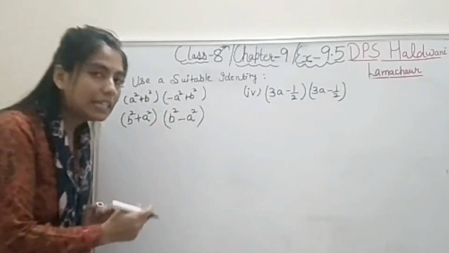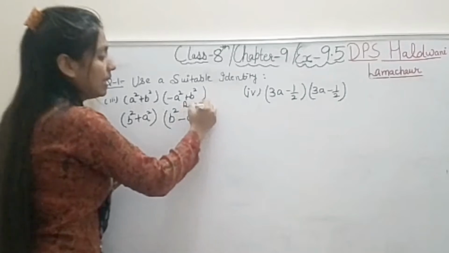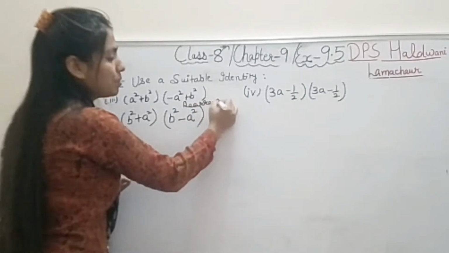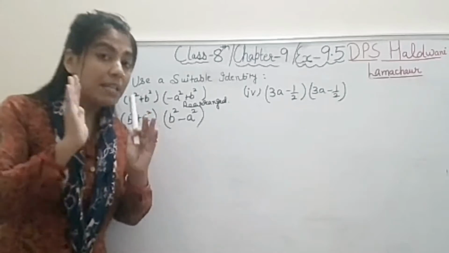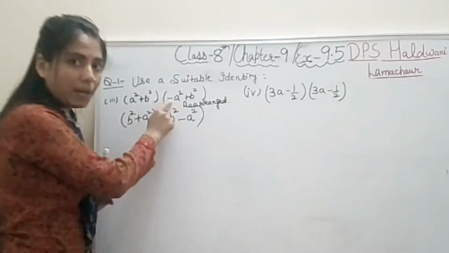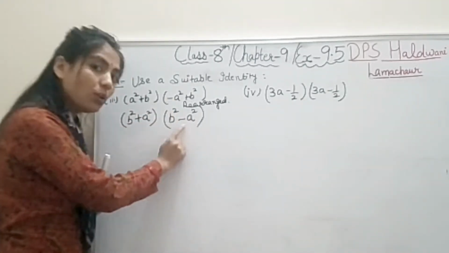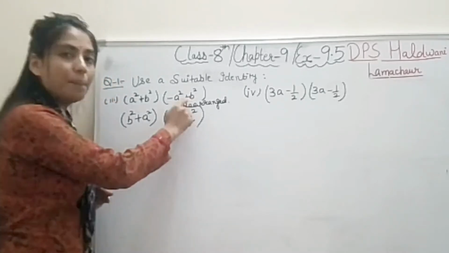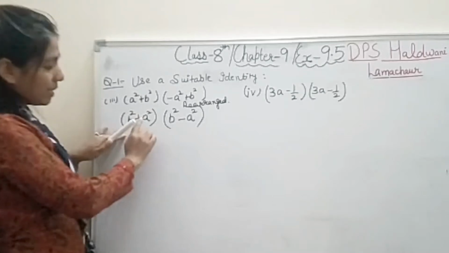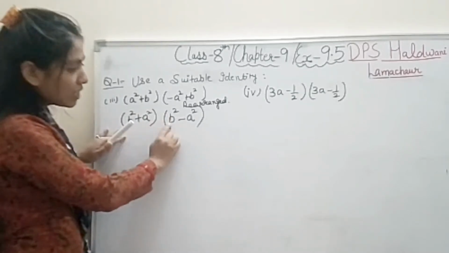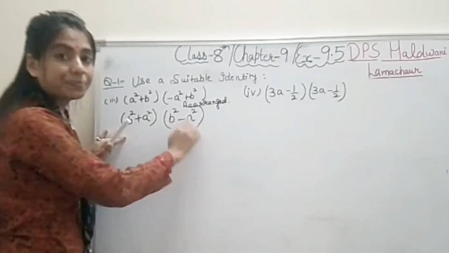Can I rearrange? I have rearranged the terms. Rearrange matlab, student, shuffle the terms, but the value remains same. A ka sign is minus, so here also A ka sign is minus. And B ka plus hai, here B is plus only. So now see, A square plus B square, A square minus B square.